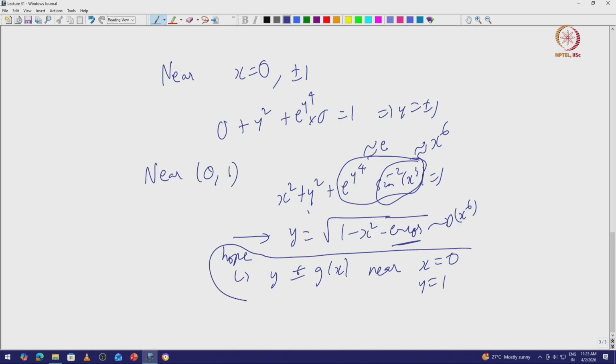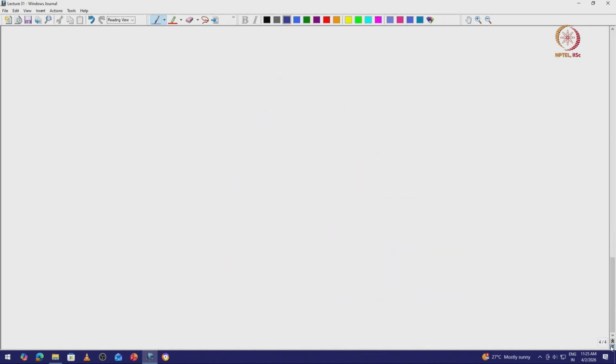This is the hope. Why? Because the error terms are very small. Okay. Right. So why don't we actually phrase this question a bit more precisely? So a question.